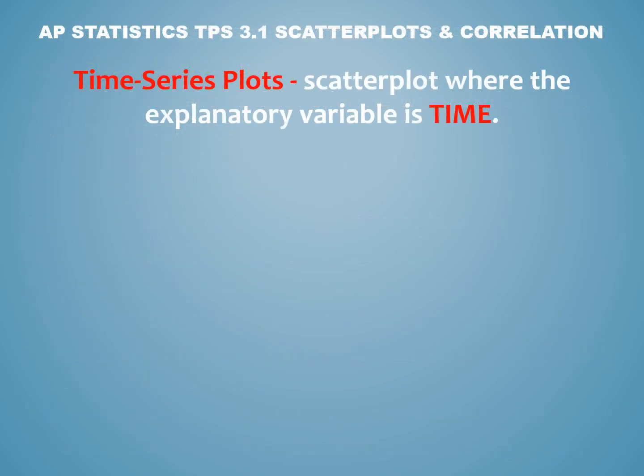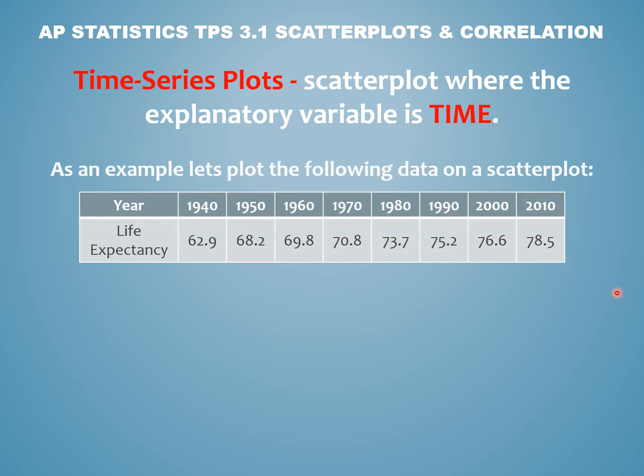All right, you do not have these next couple of slides in your notes. It's not something we do a whole lot of in this class, but I just want to make sure. Sometimes the scatter plot has x values with a clear chronological order to them, something we call a time series plot. We could look at life expectancy in the United States based on the decade: 1940, 1950, 1960. So there's a clear order to the data. The explanatory variable is the year.